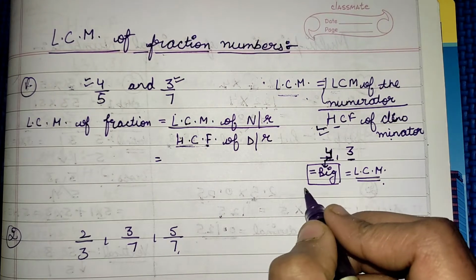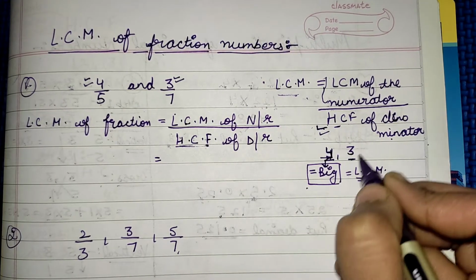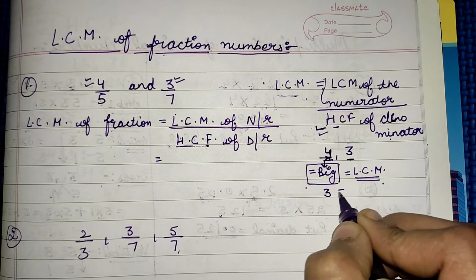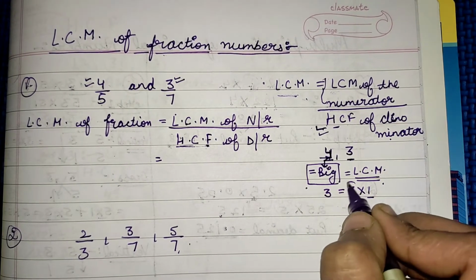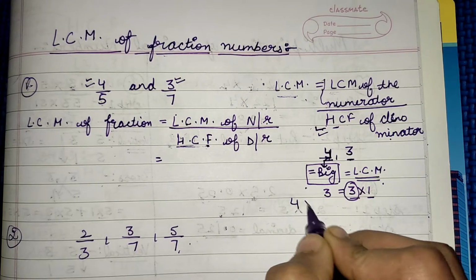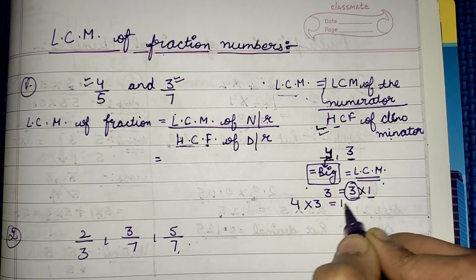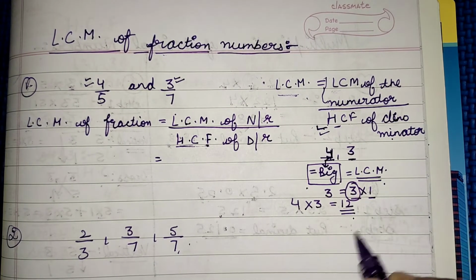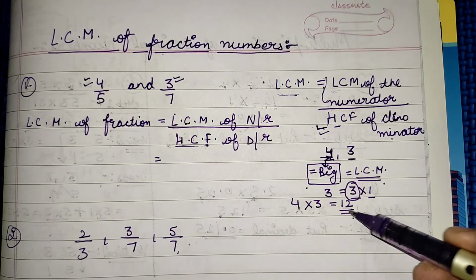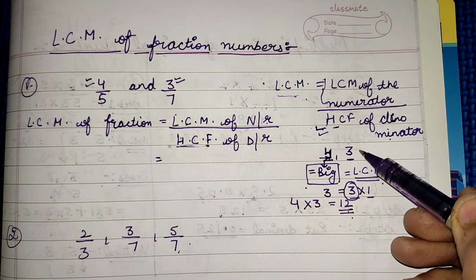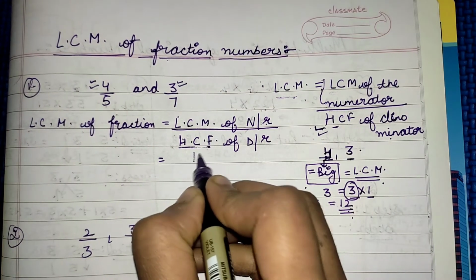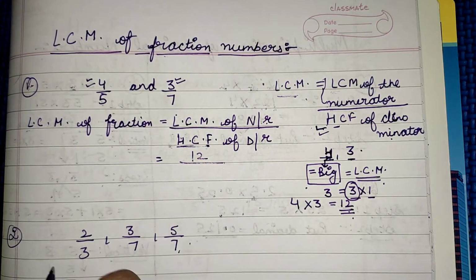No. So I will write down the factors of 3, which is 3 into 1. Now I will multiply my 4 by 3 and get 12, and 12 is divisible by 4 and also by 3. So 12 is going to be my LCM.